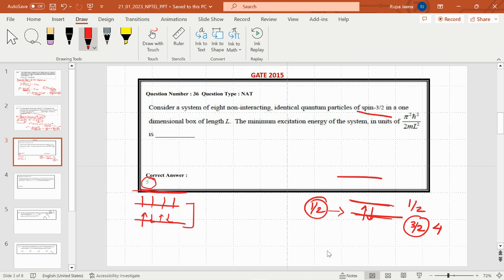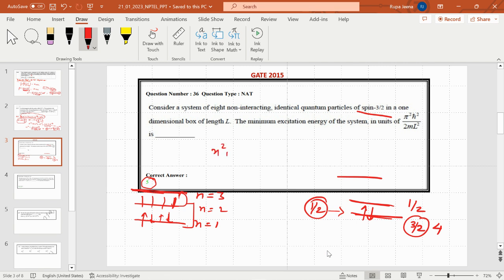So when you will excite, you cannot excite n is equals to 1 to n is equals to 2 because it's not possible, there are already four particles and you cannot accommodate five particles. But you can excite n is equals to 2 to n is equals to 3.